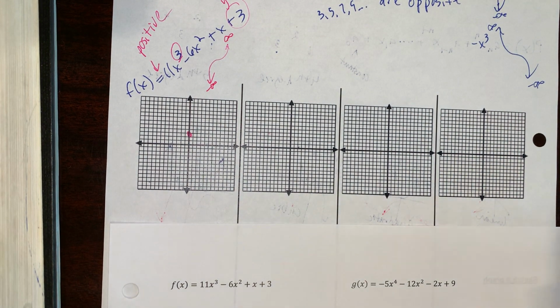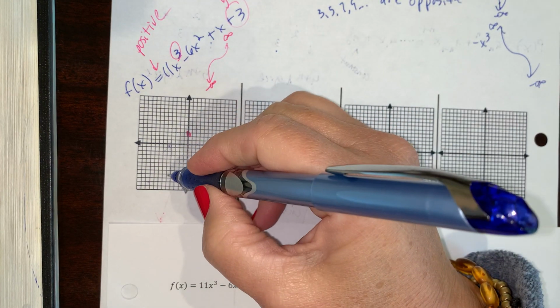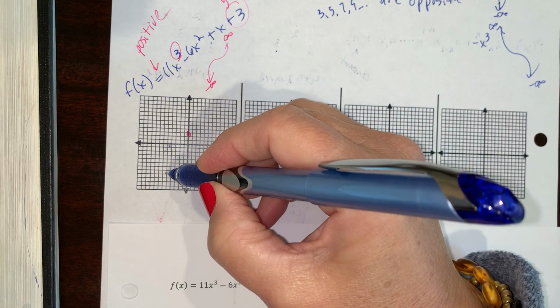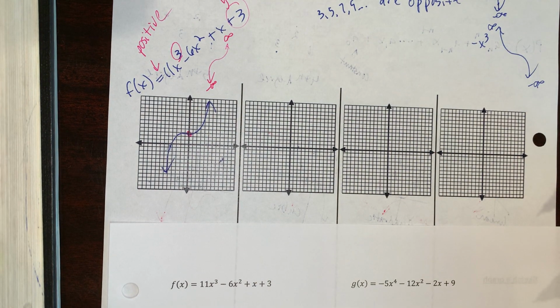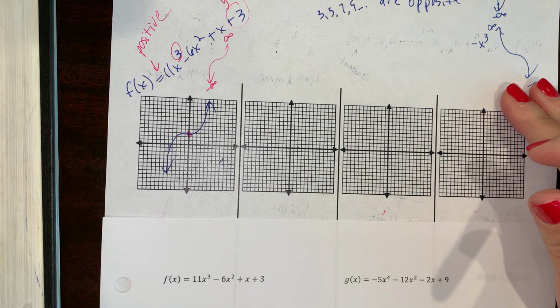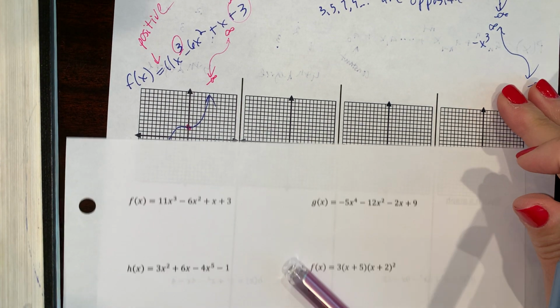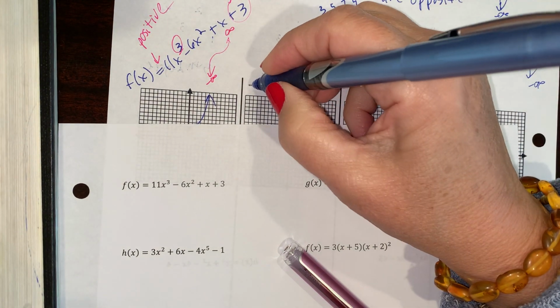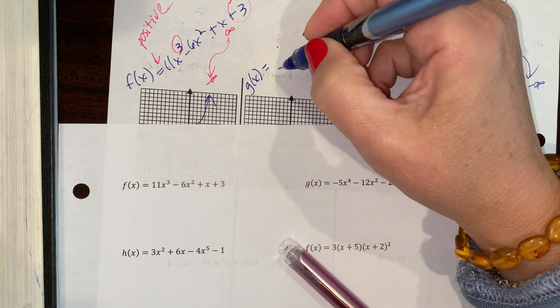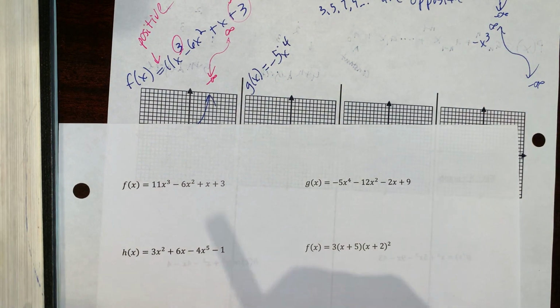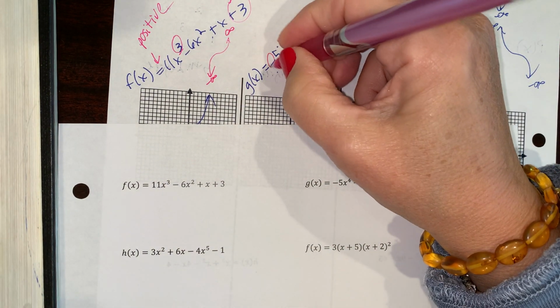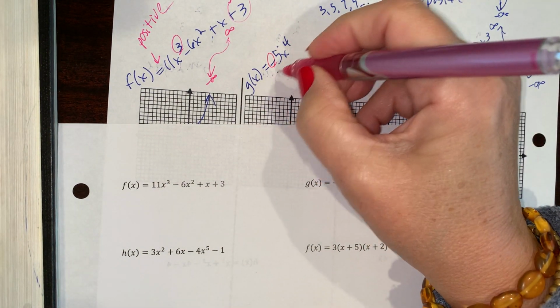So I could get pretty close to this graph with very little information. If I were doing a multiple choice situation, I could get pretty close. Okay, so the next thing is this g of x graph, and it's negative 5x to the fourth. So right there, this negative is telling me that this graph is going to face downward.